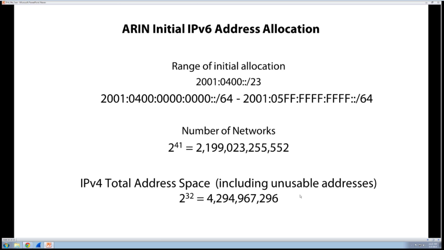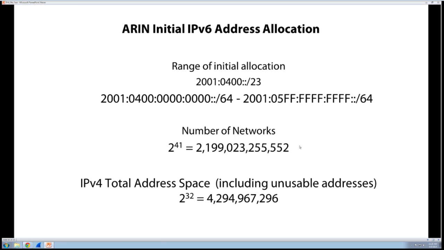Actually, that's not even true here. It's even bigger than that, right? We have 512 times more networks available than we did with IP version 4. And this is actually not even an accurate description, because down here in 2 to the 32nd, I'm saying this is all of the IP addresses. Here, this is just the networks.